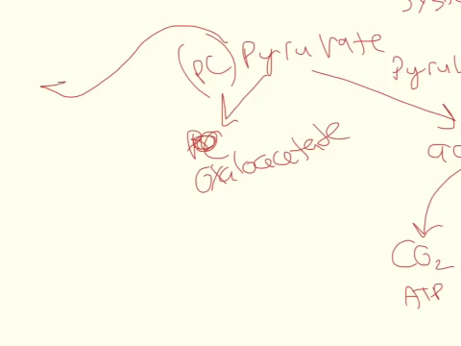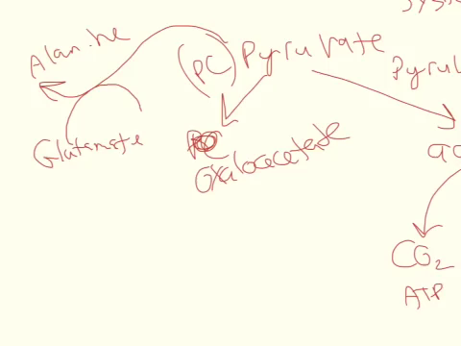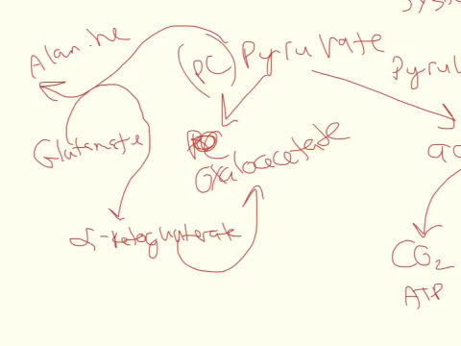So let's say that pyruvate is converted to alanine. This is where glutamate interacts with this and forms alpha-ketoglutarate, and then this can actually become oxaloacetate as well.